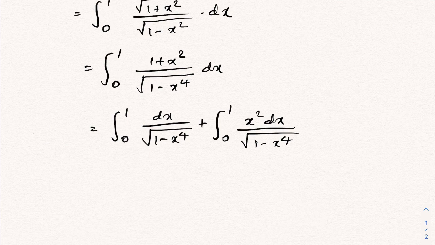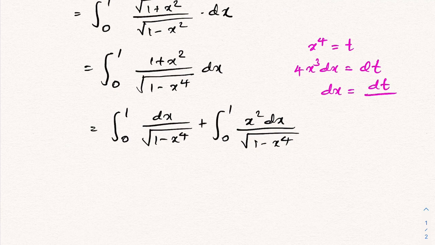Well, then for both integrals, I am going to take another substitution. x to the fourth power is equal to t. Then if we differentiate, 4 times x cubed dx is equal to dt. Then if you isolate dx, we know dx is equal to dt over 4 times x to the third power. Okay, let us plug in. So here the limit is also 0 to 1.